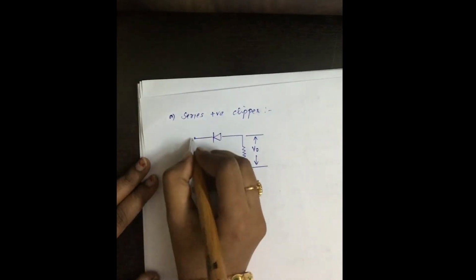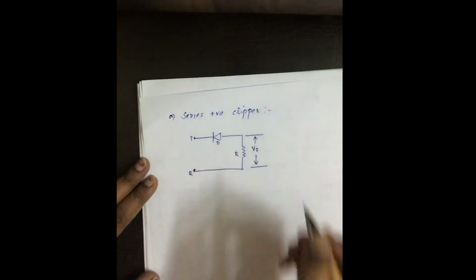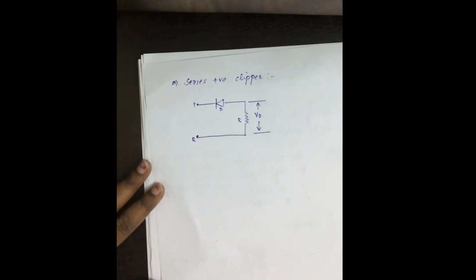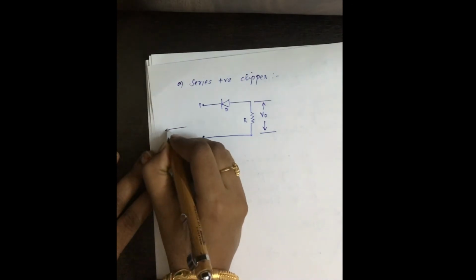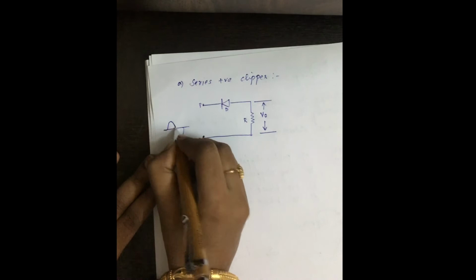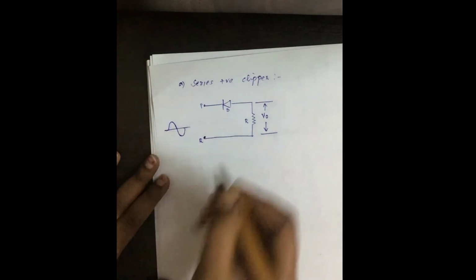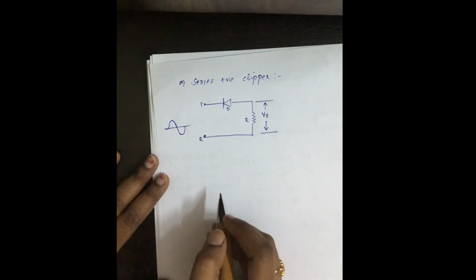Let's name this PQ, this is the diode, and this is the resistor R. So what happens when you give an input signal which has a positive half cycle and also a negative half cycle? You are applying an input AC signal. So let's see its operation.